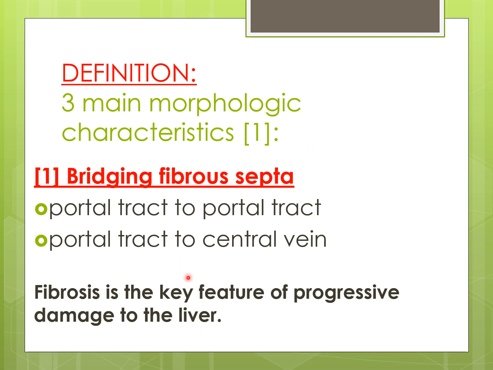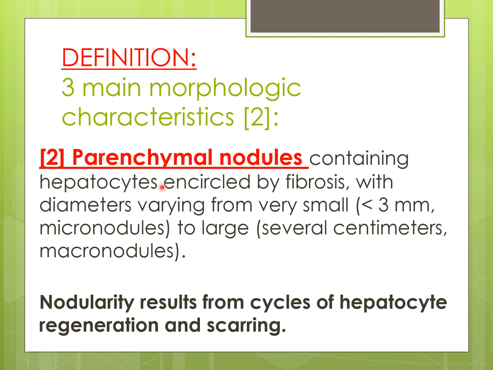Fibrosis is a key feature, and it will tell us that there was necrosis going on, which is now being followed by fibrosis. So it's a key feature of progressive damage to the liver. The second important feature of the definition of cirrhosis is that there will be parenchymal nodules, nodules of hepatocytes.